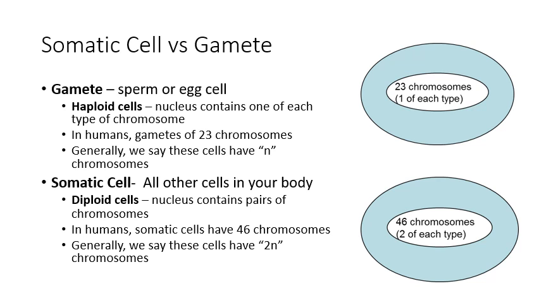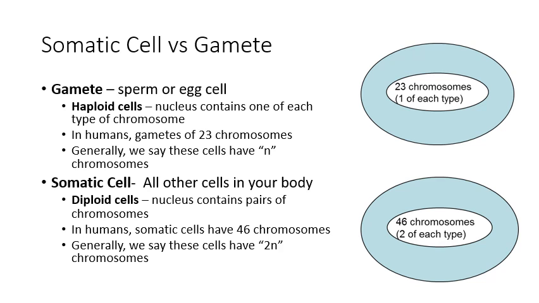Now when we combine two haploid cells, we end up with a full set of DNA. We go from 23 chromosomes in one cell and 23 in another, and when they combine, we have 23 pairs, and that's the full set of chromosomes that most humans have.